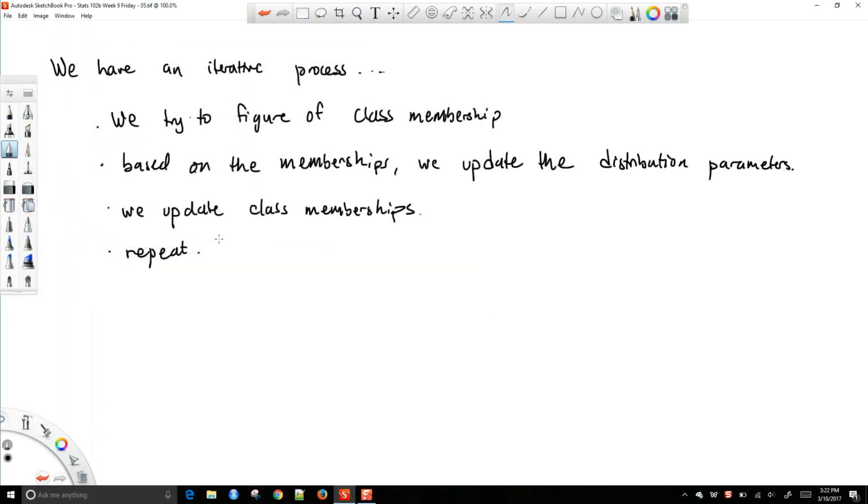It's sort of similar to k-means clustering, right? In k-means clustering, the way we did class membership assignments was we said you are assigned to whichever cluster has the closer mean. And then once we did all of those assignments, we updated the location of the mean.